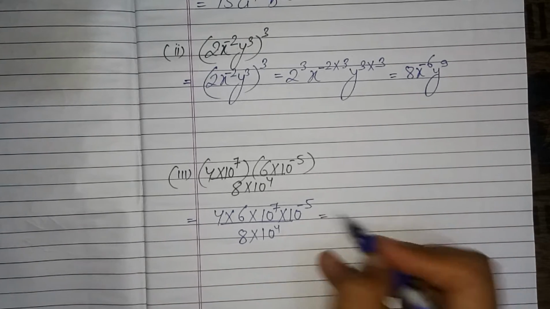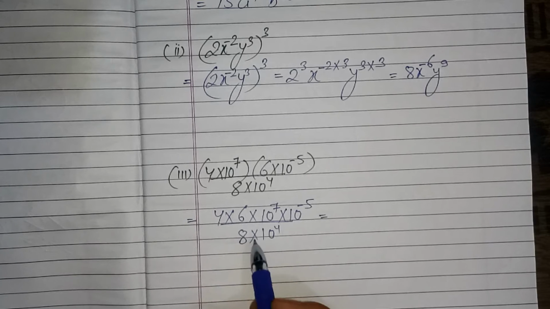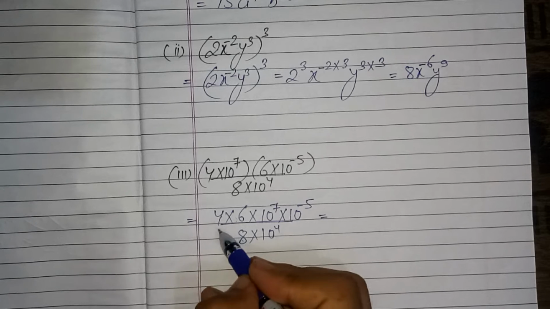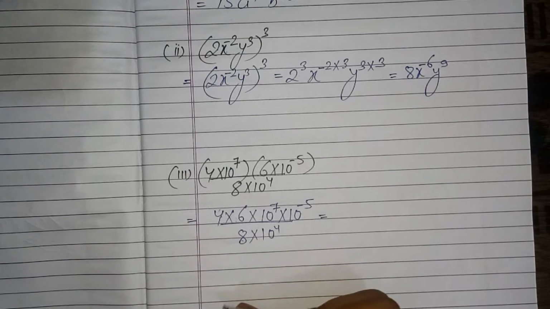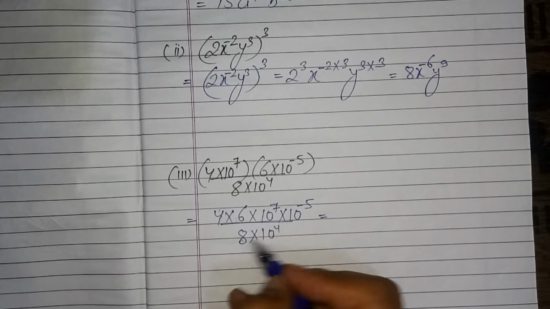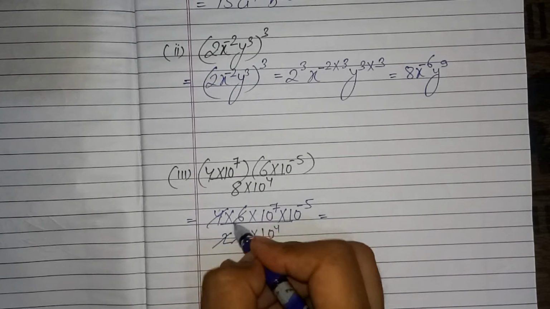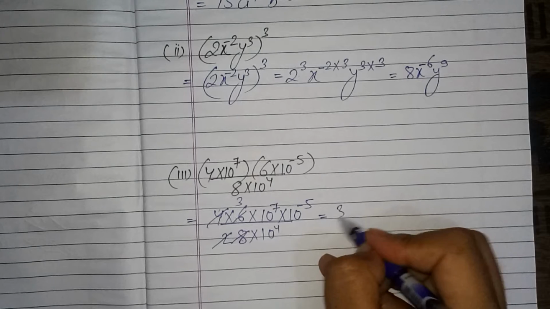Now I suggest that if numbers cancel each other without multiplication, simply do it first before multiplying. So this is 4, and 2 times 4 is 8, so I can simply write 2 times, and 2 times 3 is 6, so this is 3.